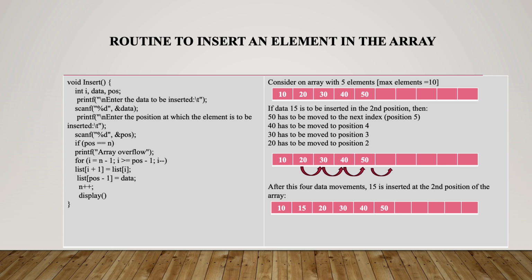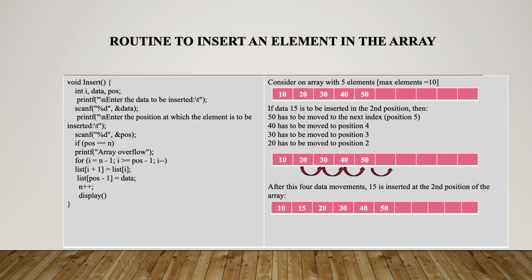That means 50 moves to the next index, which is position 5. 40 moves to position 4. 30 moves to position 3. And 20 moves to position 2.